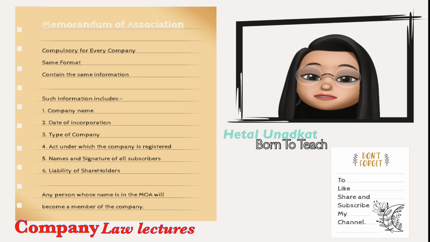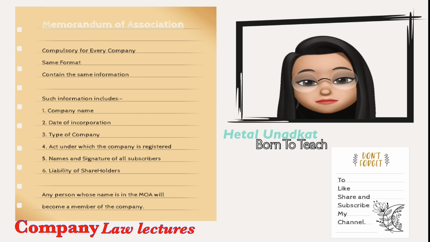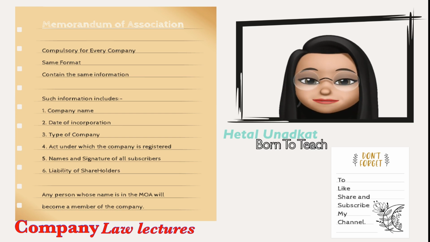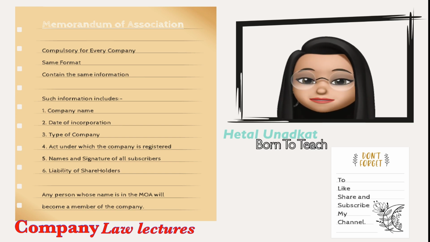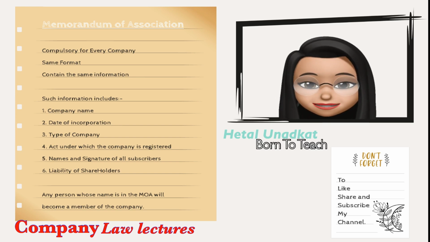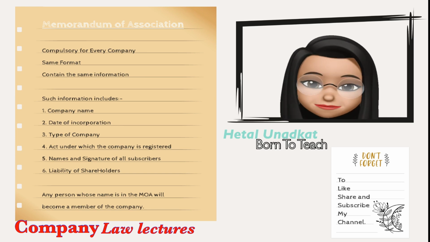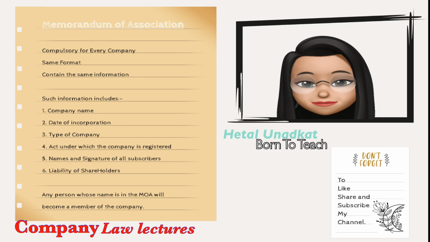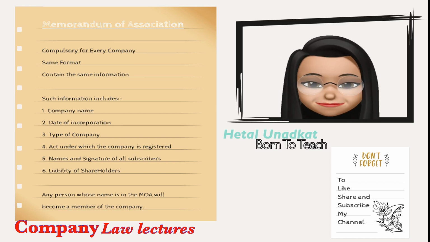Now comes the fifth title. The fifth title will be for the names and subscribers of the company's MOA. The person's name will be there, with the signature of the subscriber. You need a minimum of two people for registering a company. So you need a list of the names of the people who are subscribing to your company and becoming members of your company.